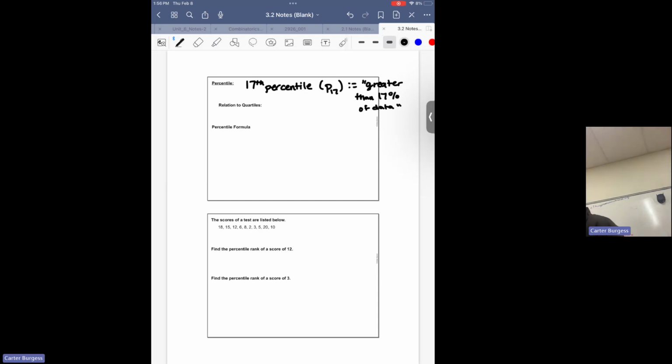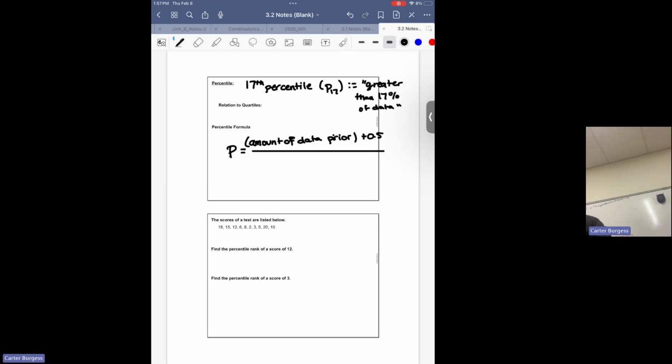It's not quite as simple, again, as just taking the amount of data prior to the point that we are considering. You do that, and then you add 0.5.